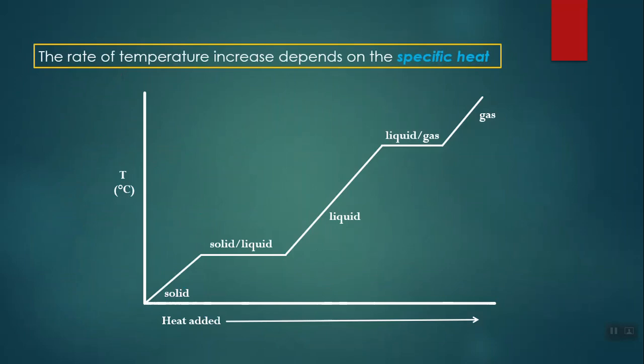Now the rate of temperature increase depends on the specific heat. And do you guys remember what specific heat is? Specific heat is the heat required to raise 1 gram of a substance by 1 degree Celsius. Now, do you remember when we talked about this in the beginning of the year? I had given the example of us at the beach.